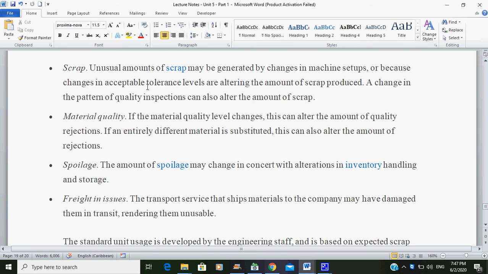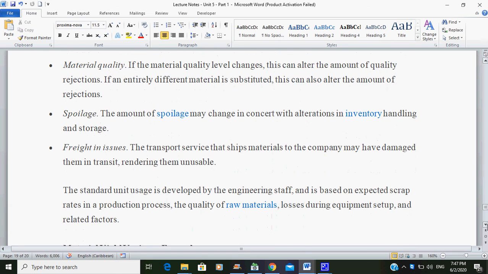Example now for material yield variance. The engineering staff of Hodgson Industrial Design estimates that 8 ounces of rubber will be required to produce a green widget during the most recent month. The production process used 315,000 ounces of rubber to create 35,000 green widgets, which is 9 ounces per product.